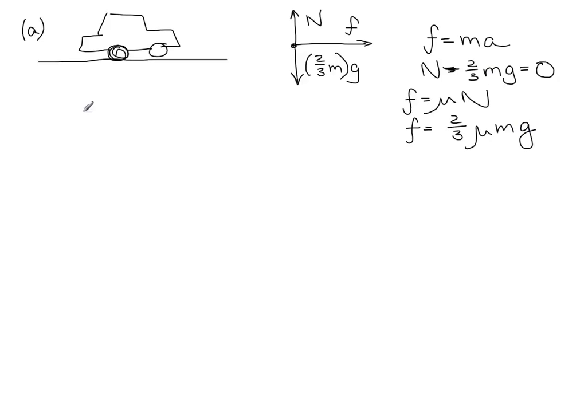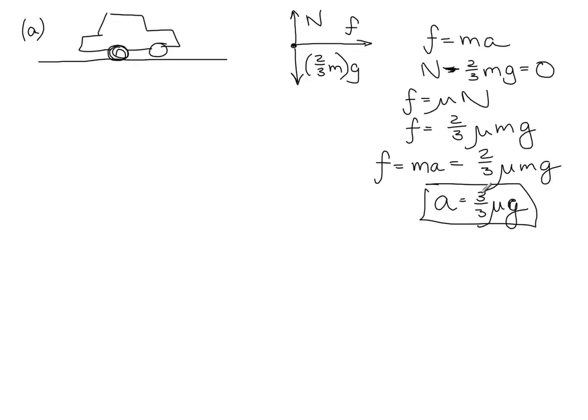And I know that friction is equal to mass times acceleration, so that's equal to 2/3 mu mg, and that tells us that the acceleration is equal to 2/3 mu g. And you should be able to calculate from there. There we go, 2/3 mu g.